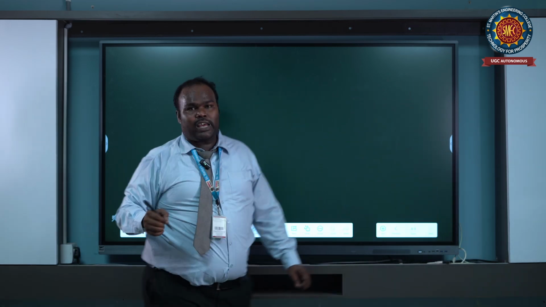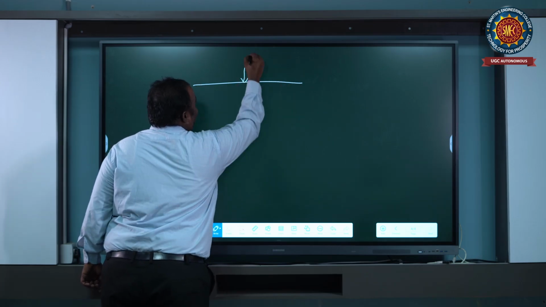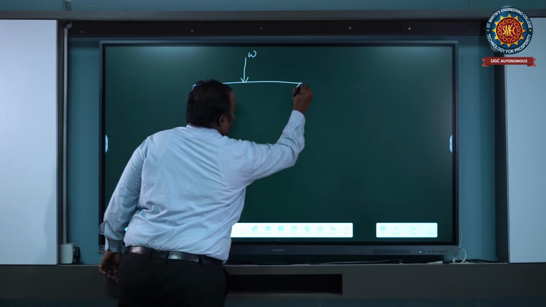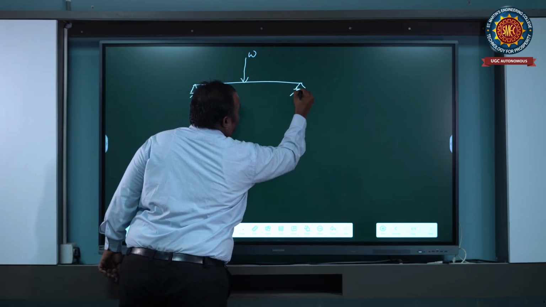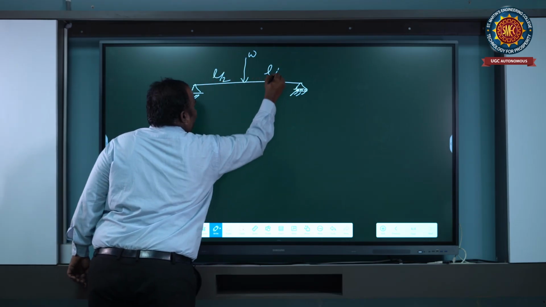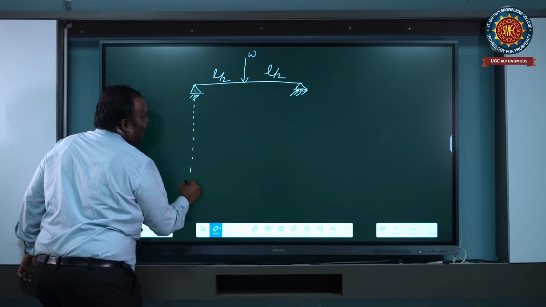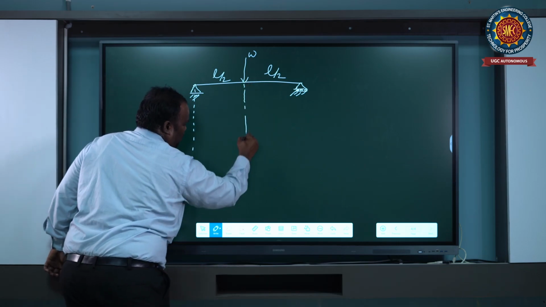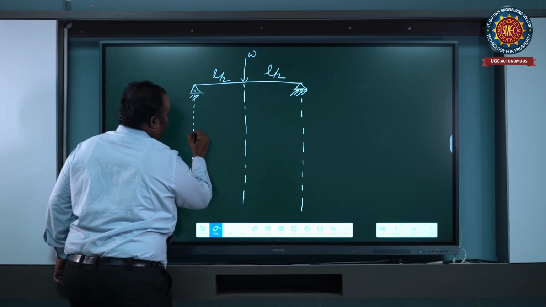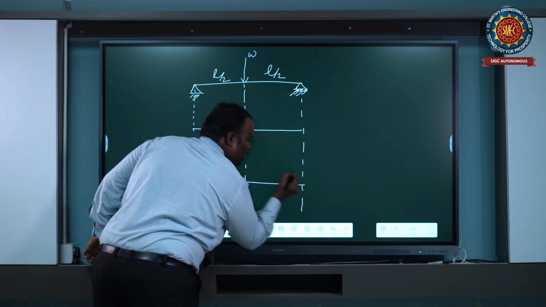So finally, the shear force diagram and bending moment diagram for a simply supported beam when acting the point load at center, L by 2, L by 2. So we can draw the plotted axis. The neutral axis is for shear force and bending moment is 0.